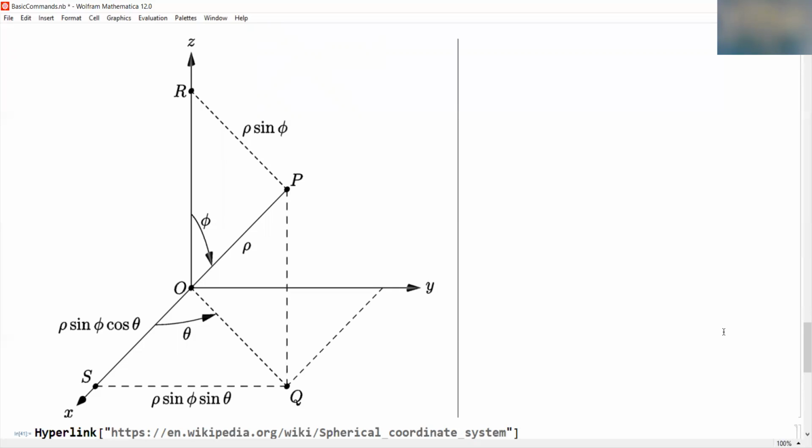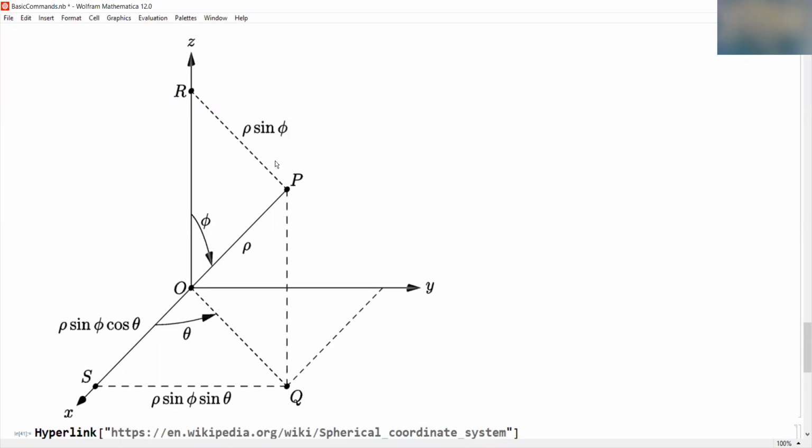So unfortunately, not all the angles are equal in spherical coordinates. Phi is going to range from 0 to pi. Once you come down, then you go around parallel to the xy plane. How far around do you go there? 2 pi.